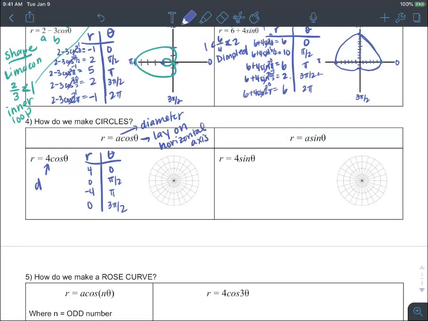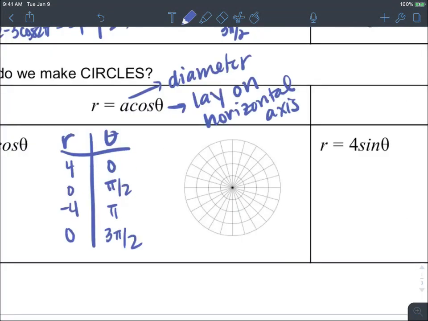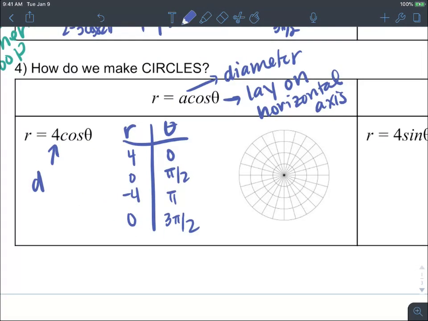So at 0, I'm going to go out 1, 2, 3, 4. At pi over 2, my radius is 0. At pi, I'm back to 4 because it's negative. Okay, so I just have a circle that looks like this, and that's it.